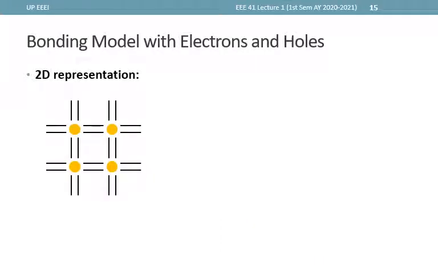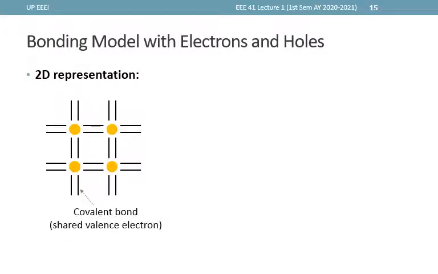Okay, so although the 3D drawing of the crystal gives us a lot of insight, there are actually some things that we can analyze or imagine simply with 2D models or our bonding diagram. So we'll use the visualization of electrons and holes using this bonding diagram.